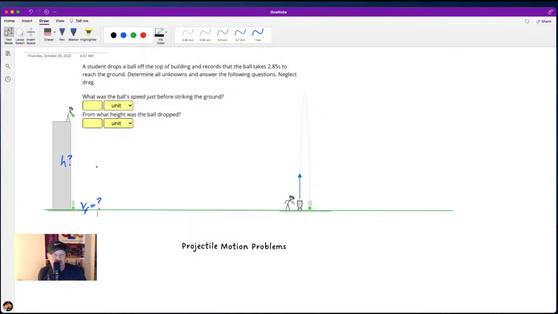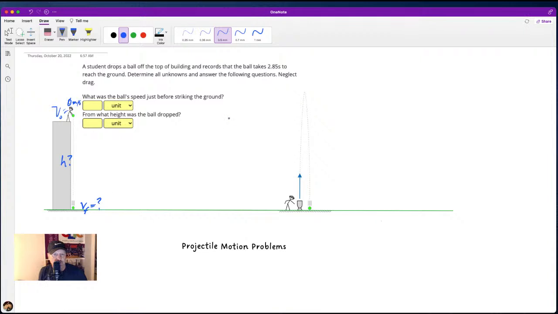Okay, but we do know a few things, and the few things we do know, we need to read the original prompt and then make a list. A student drops a ball off the top of a building and records that the ball takes 2.85 seconds. So my list is: if a student drops a ball from the top of the building, V initial equals 0 meters per second.